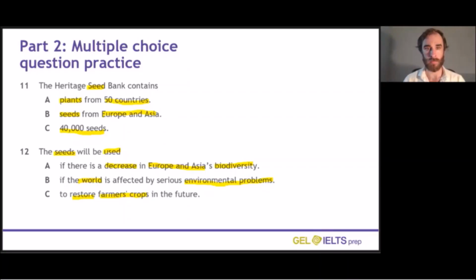Hello everyone, I'd like to welcome you all to the Dukehurst Estate, one of the most popular attractions of South East England. Dukehurst Estate is a wonderful example of our 17th century ancestors' dedication to the art of gardening and landscaping. And this tradition has continued until today. In the year 2000, we opened the Heritage Seed Bank, an international project with funding from over 50 countries. The seed bank aims to preserve and document plant life from Europe and Asia by collecting and storing seeds in special low-temperature rooms.